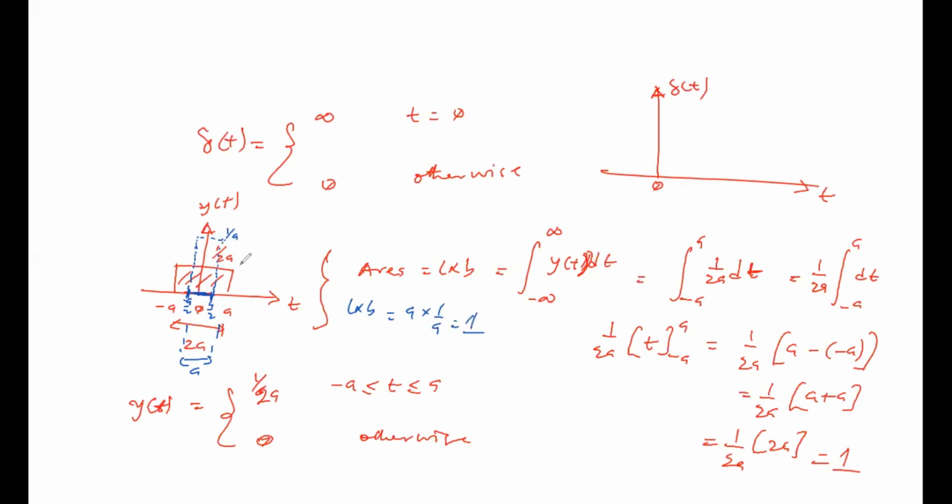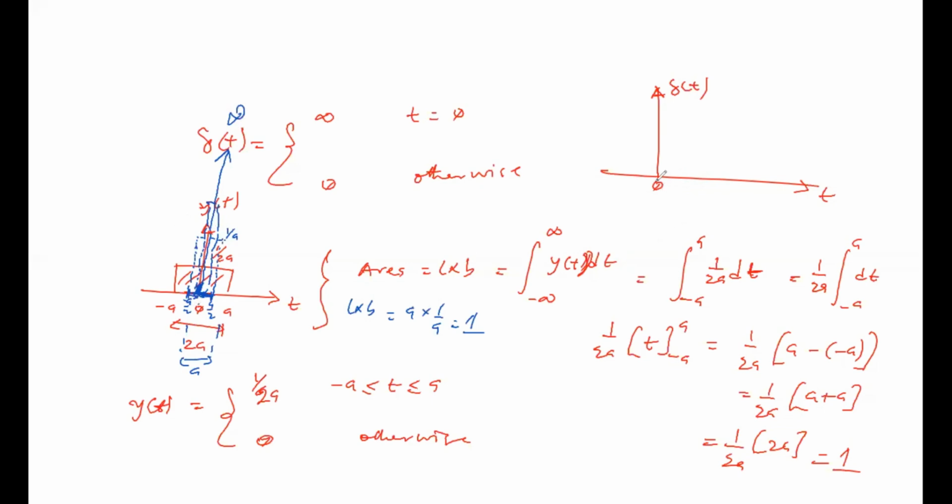Now you see that as this length shrinks and tends towards the axis of 0 value, it continues to extend to infinity, till we have just a single impulse here extending to some infinite value at 0.